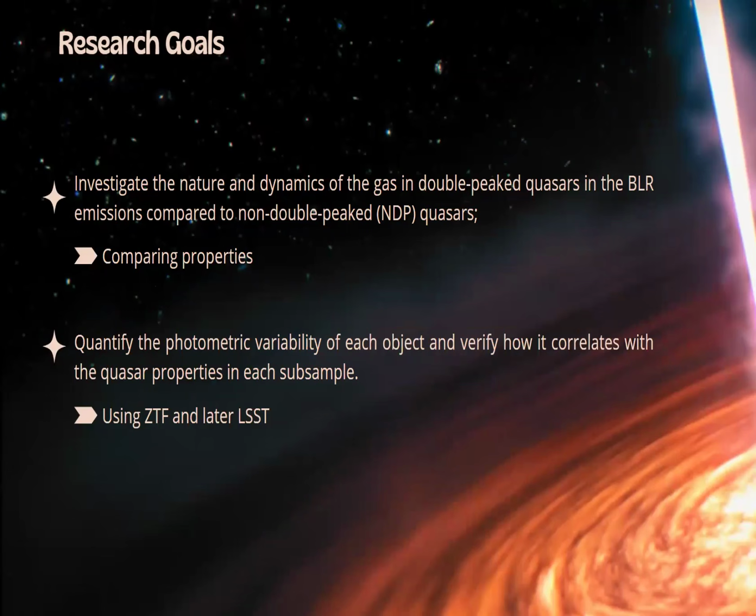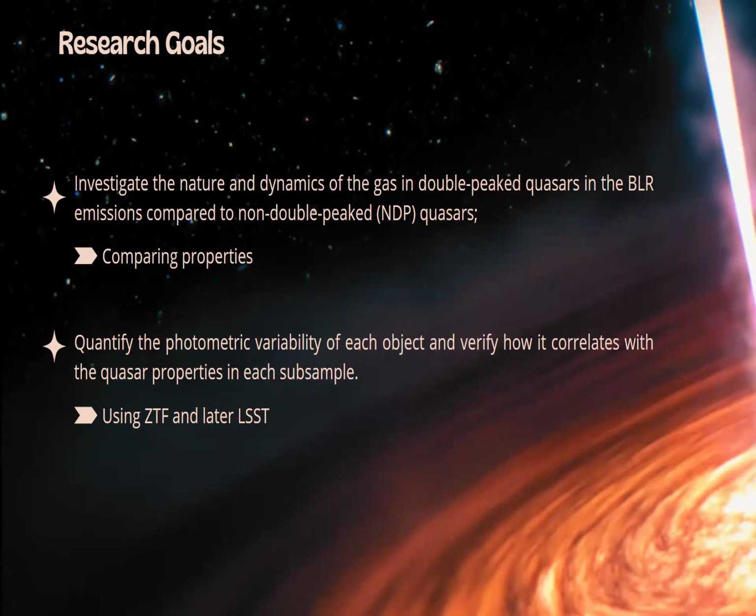Our research aims to understand the main difference between quasars with double peaks in broad line region emission lines and quasars that show only a single peak in the same emission lines. To do this, we analyze the properties of these quasars using some catalogs and compare the differences between the subsamples.